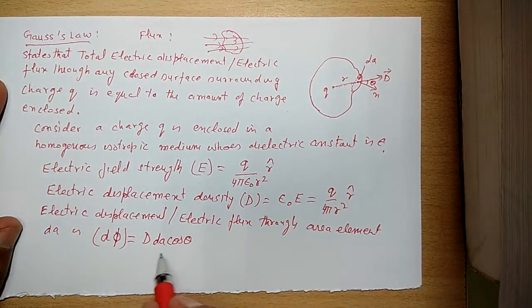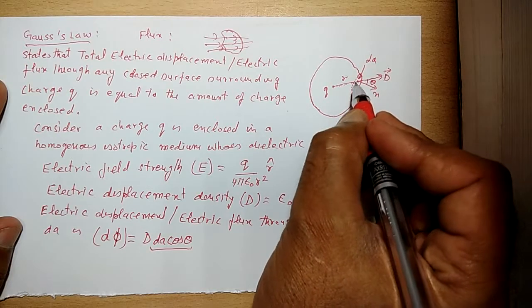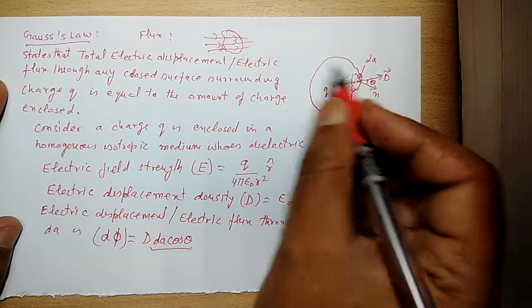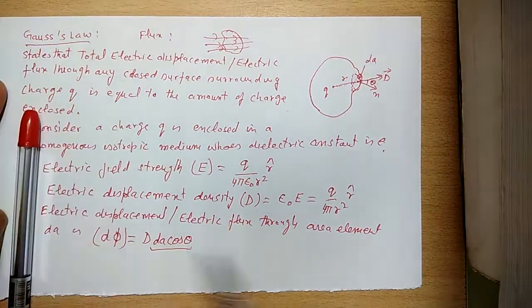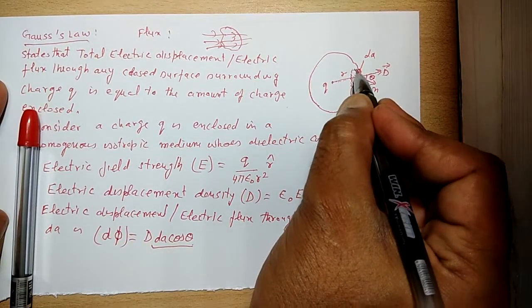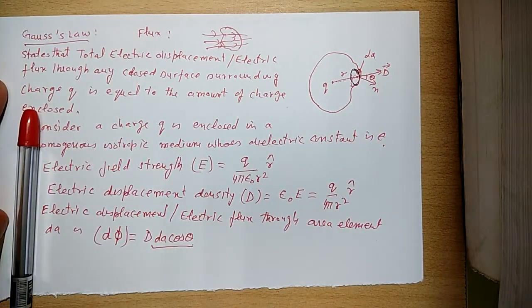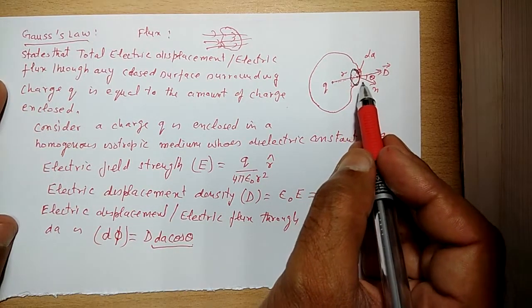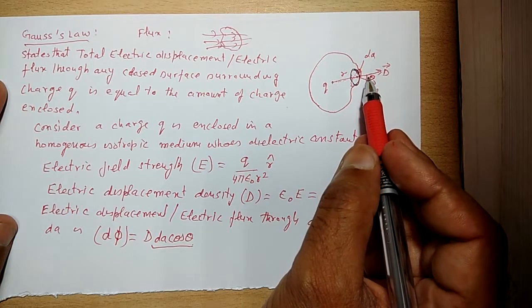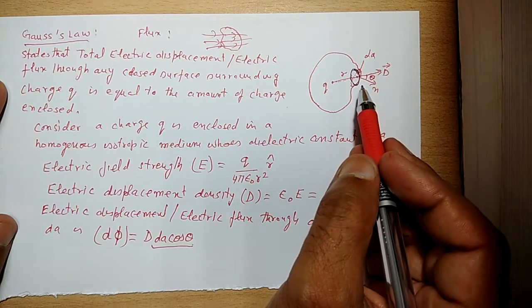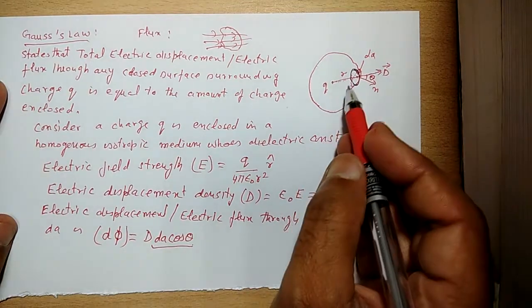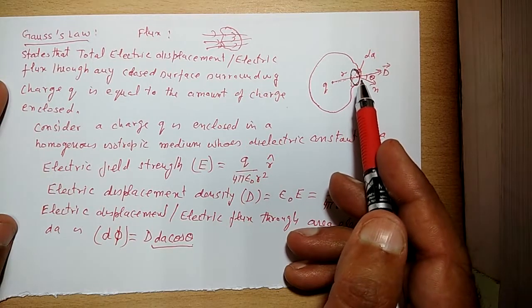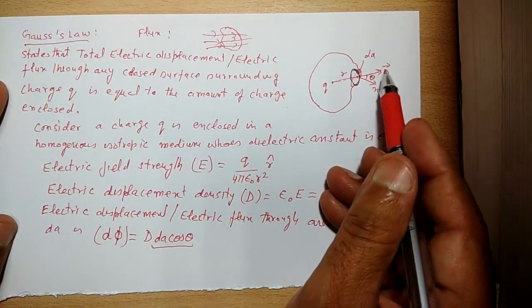And this black color area element dA cos theta is the projection of dA normal to this radius vector r, or with respect to this position vector.